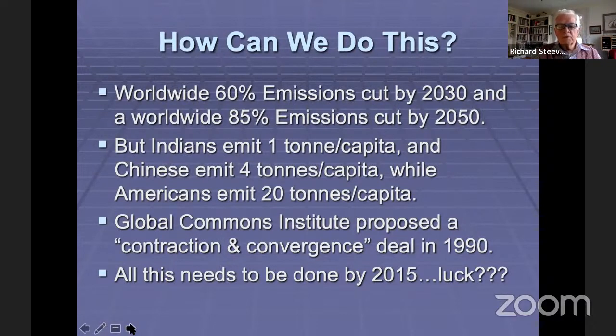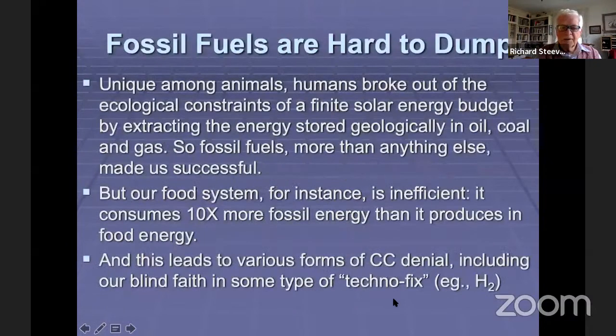Global Commons Institute proposed a contraction and convergence deal. I think I may have talked about that already. Nothing much has happened. And he asks this question, all this needs to be done, Mark Lynas says, by 2015, and I added luck. Unique among animals, humans broke out of the ecological constraints of a finite solar energy budget by extracting the energy that was stored geologically in oil, coal, and gas.